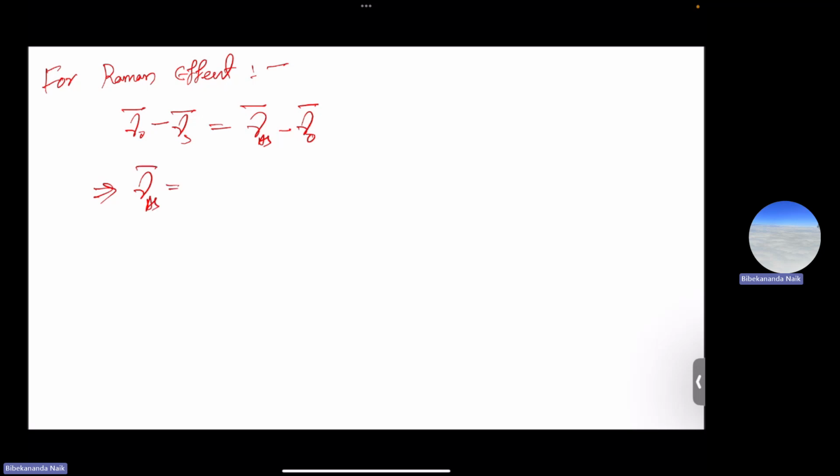So for Raman effect, nu 0 minus nu as is equal to nu s minus nu 0. So all these are wave numbers, so nu as will be 2 nu 0 bar minus nu s bar.